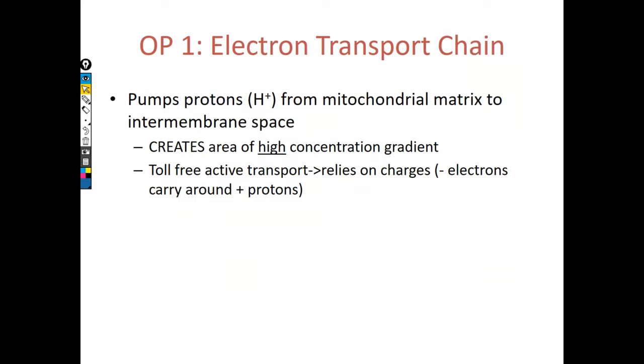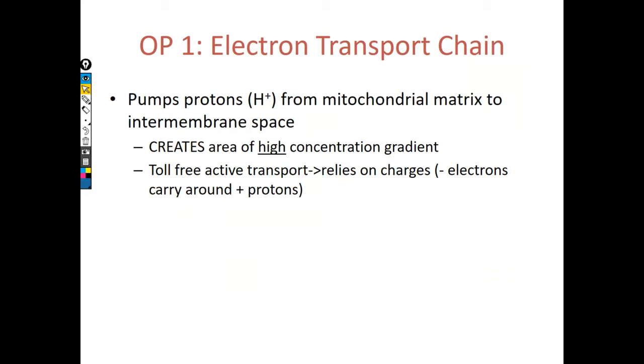Our goal, I'm going to draw right below here, is to pump protons. That's what a proton looks like. A charged hydrogen atom from one side of the crease, one side of that countertop, the mitochondrial matrix, to the other side of that countertop, the intermembrane space.